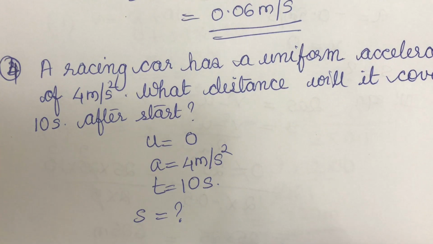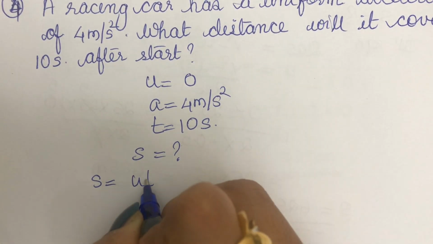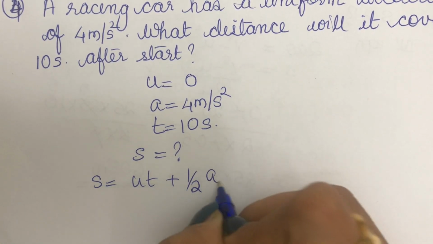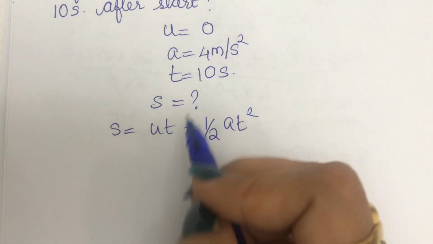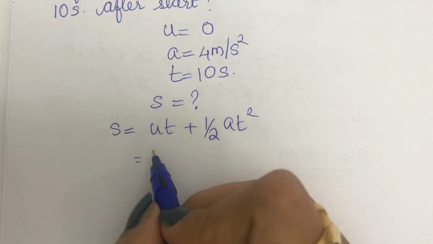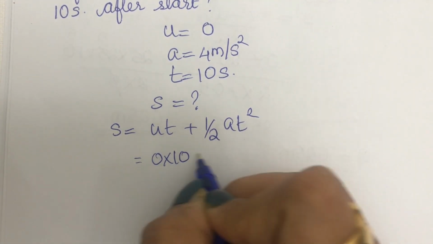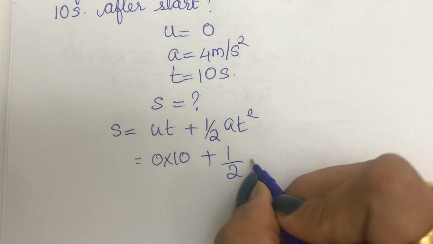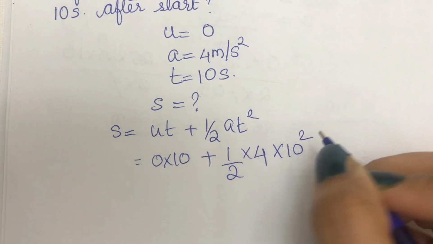That is our second equation of motion. Okay, that is s equal to ut plus half at square, which is u means what? U 0 into t is what? 0 only. Alright, 0 into 10 plus half a is what? 4 into 10 square.